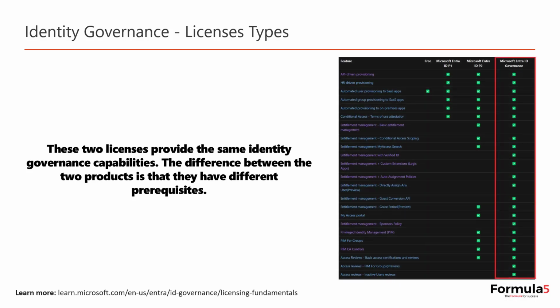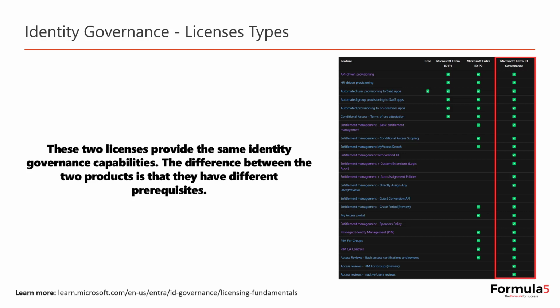So when we look at the list of features available in the free Entra ID tenant, under the Microsoft Entra ID P1 license and under the P2 license, we can see that if we buy a Microsoft Entra ID Governance license, we will have access to all features available. For instance, if we have Microsoft Entra ID P1, we don't have access to entitlement management.